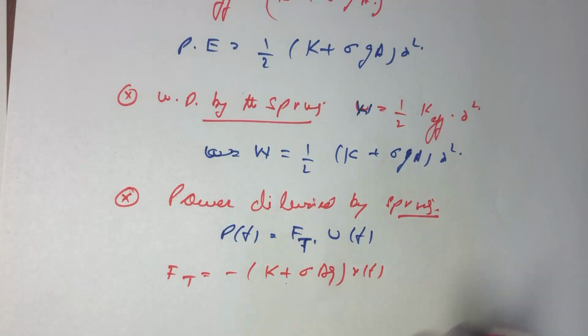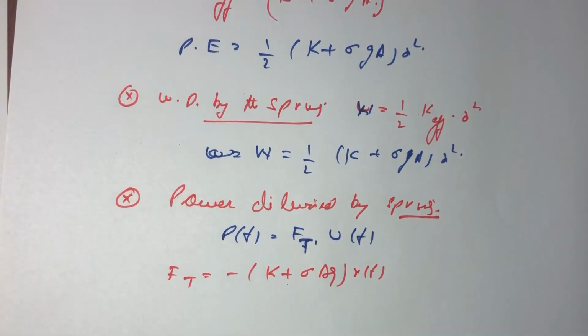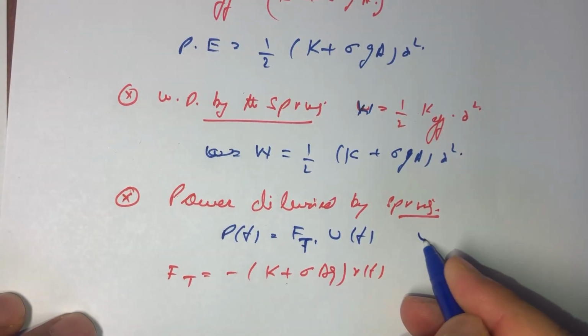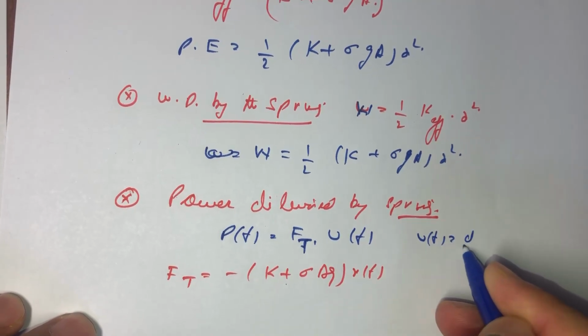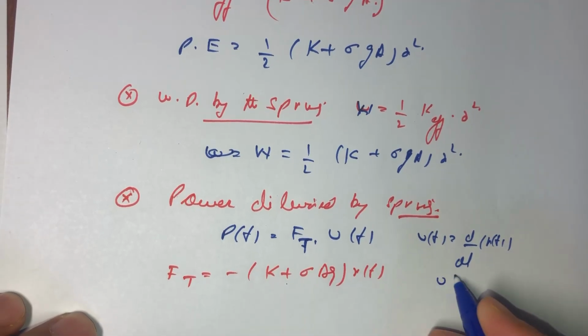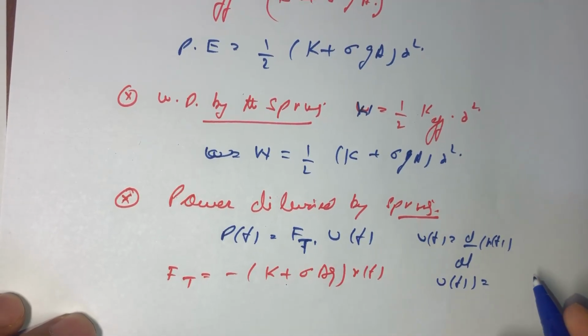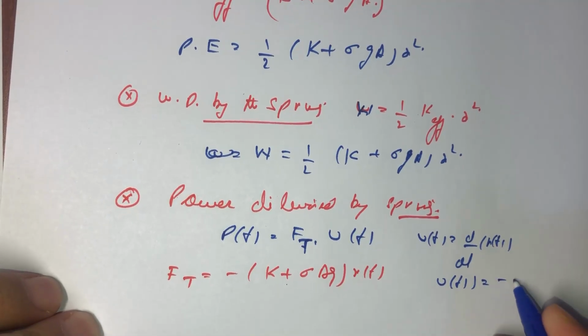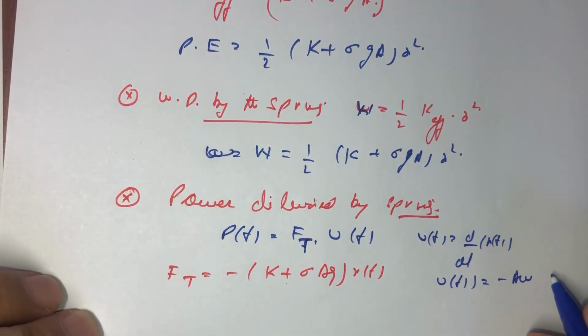And v of t we can find out. We can say v of t is equal to the derivative of x of t. So we get v of t will be equal to minus a omega sine of omega t.